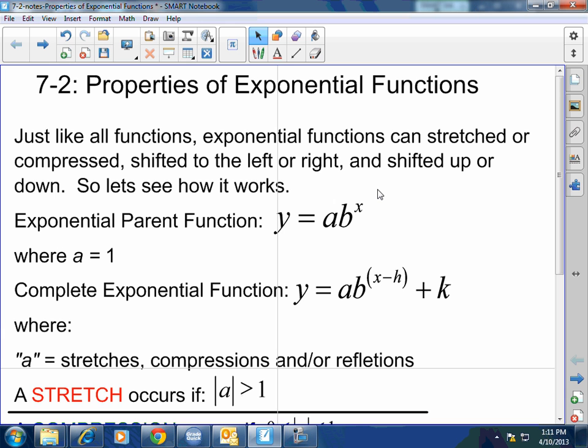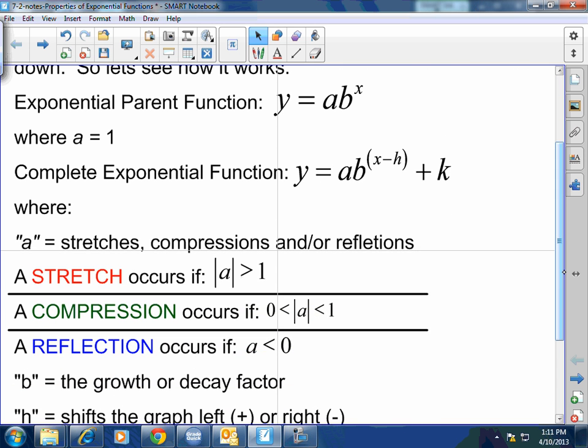Now, the complete exponential function would be y equals a b to the x minus h plus k. Hopefully this is ringing a bell already, because we've seen a lot of minus h's plus k's. Remember, guys, that when we're looking at this minus h, we're doing the opposite, okay?